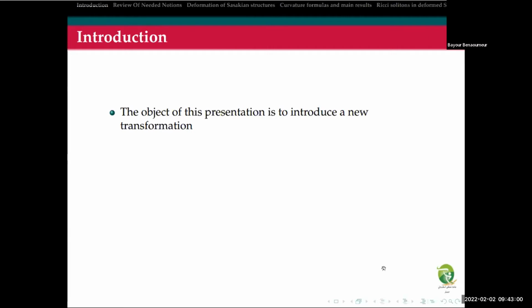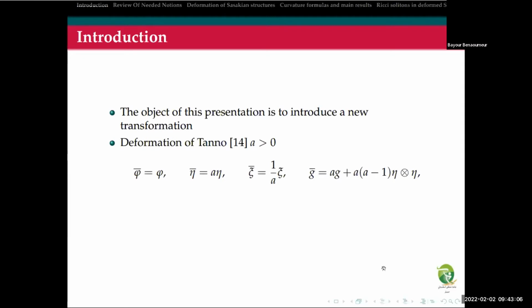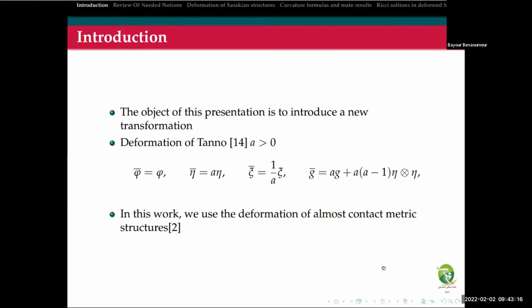Concrete examples are given. We know that the deformation of Tanno preserves the Sasakian structure. In this work, we use the deformation of almost contact metric structure presented in reference 2.